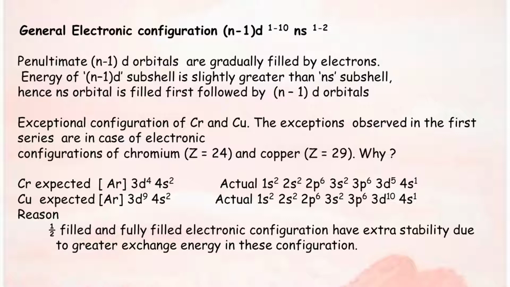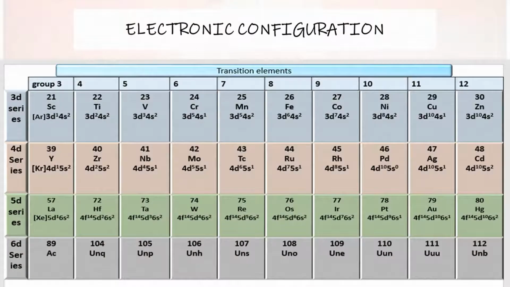General electronic configuration of d-block elements is (n-1)d1 to 10, ns1 to 2. You can see that this general electronic configuration may not be exactly followed.